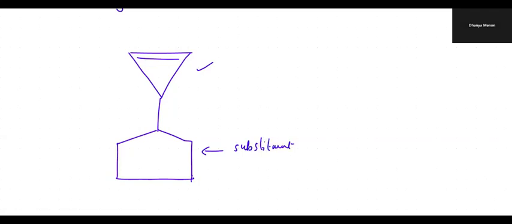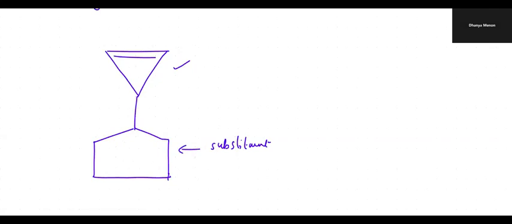Okay, so numbering the 1, 2, 3, because the double bond always gets the lower number. And at the third position, what do we have? What is the name of the substituent? This is a cyclopentane group. From this carbon, one hydrogen is removed to bring about this connection. So cyclopentyl group.